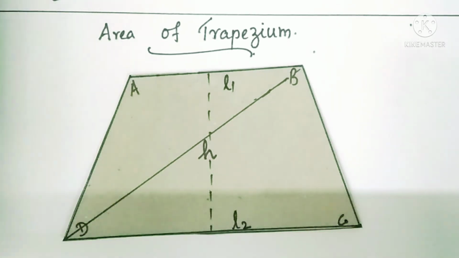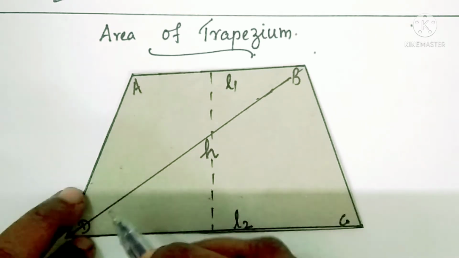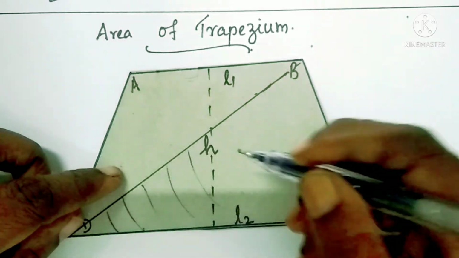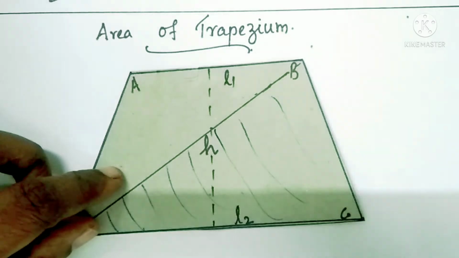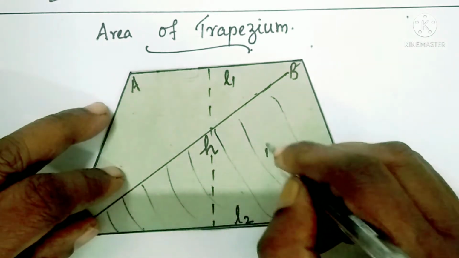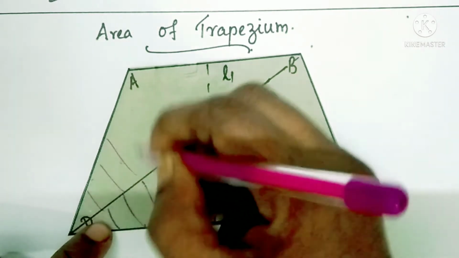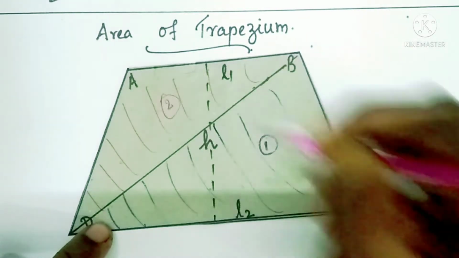Now first of all, let us take this triangle. Okay, this we will mark as triangle 1, and let us mark the second triangle as number 2.